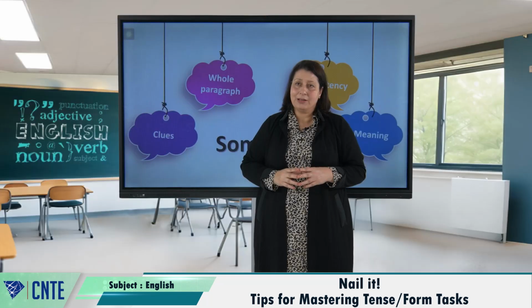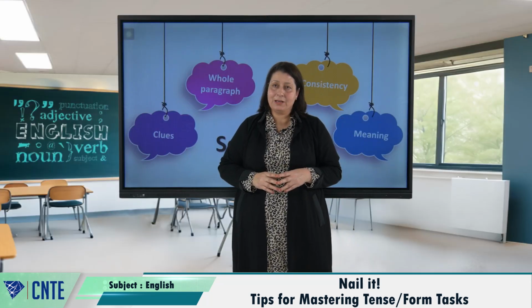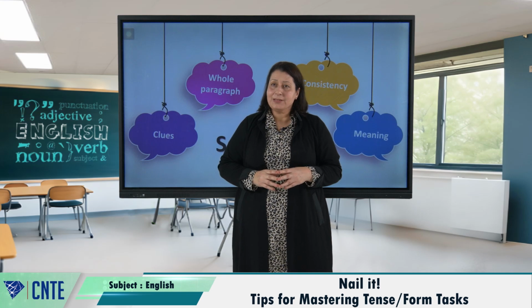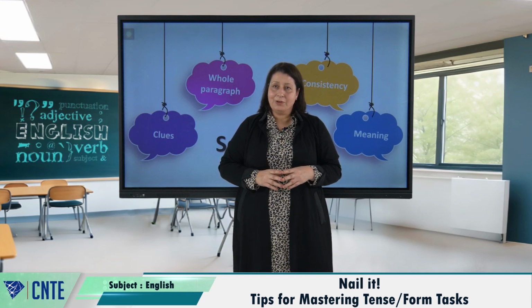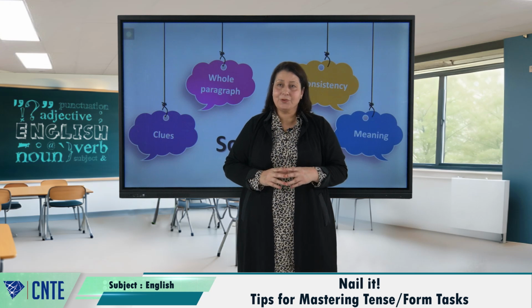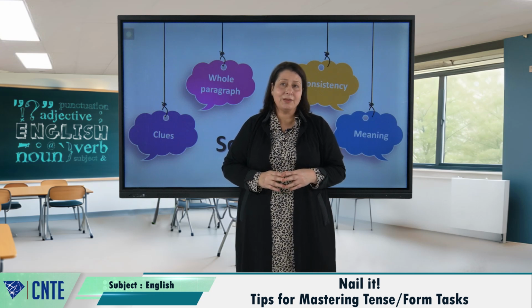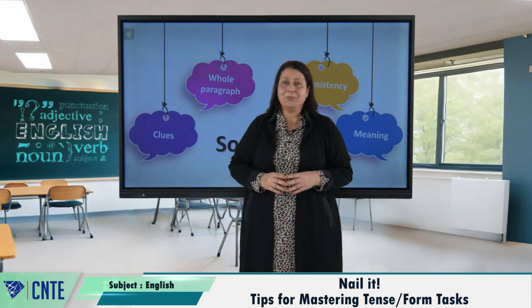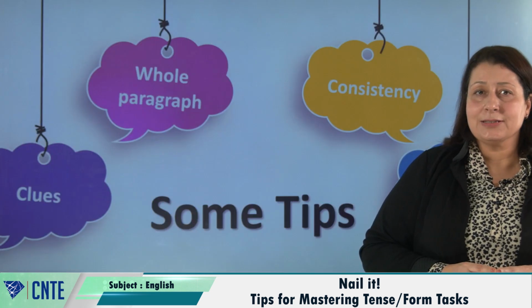For instance, pay attention to helping words like is, are, has. They can help you decide in which form to put the bracketed verb that comes after them. For example, the past participle after have to get the present perfect, or the ing form after is to get the present progressive, etc. Also, be consistent, please.